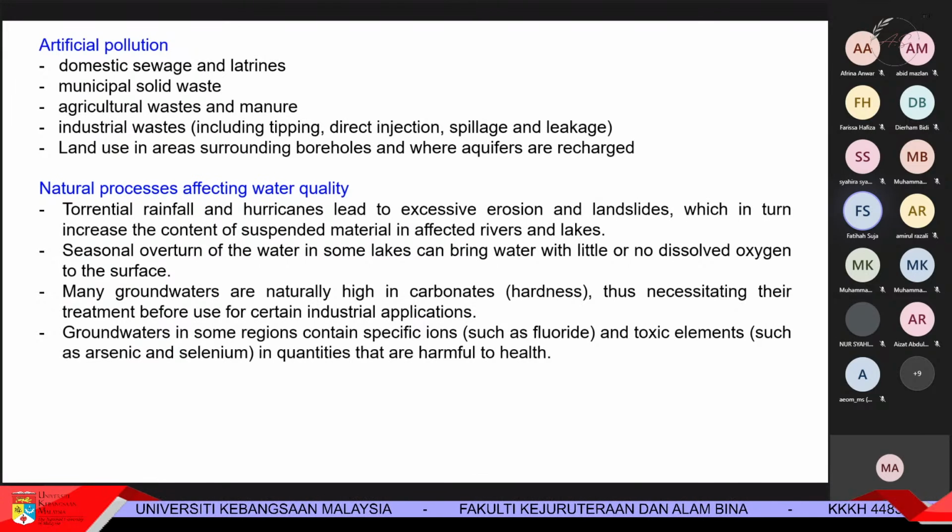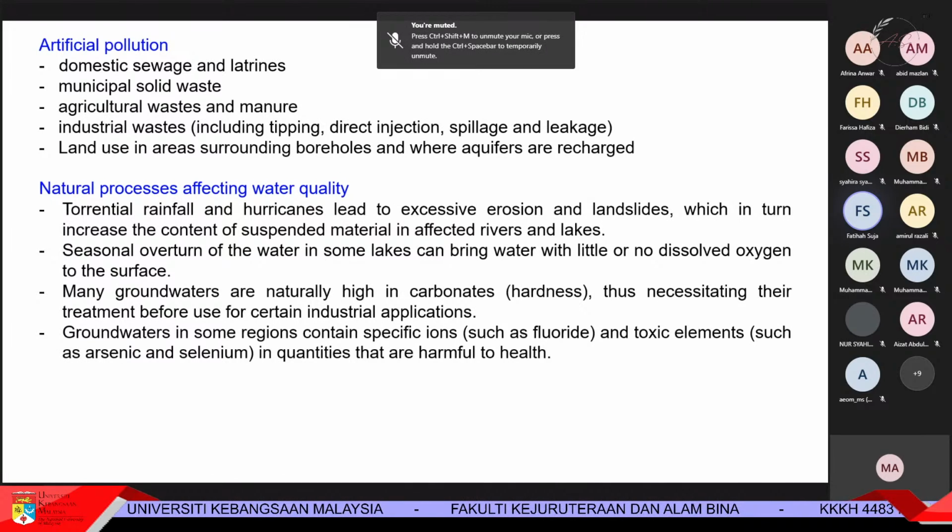So it is very important, and it becomes a very serious issue if industries dump their chlorinated solvents maybe onto one of our soil areas, because it will go into our groundwater. So it is very dangerous.